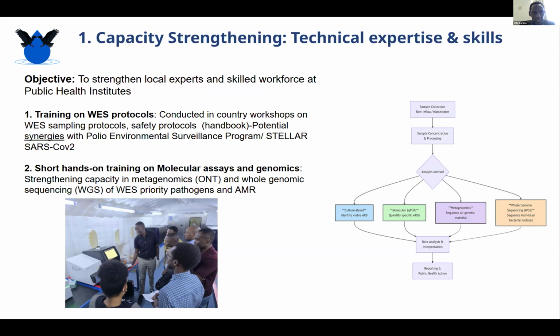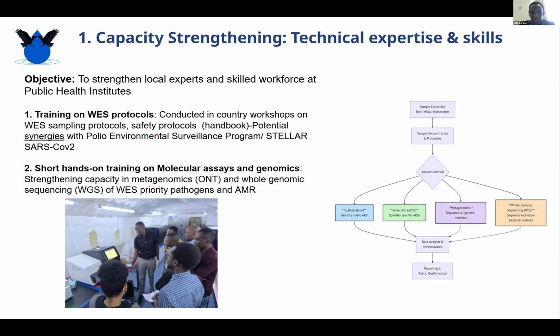So all the way starting from the protocol Taria mentioned about, the handbook. We conducted training across all the countries when we were starting up, to be able to develop this competence to implement the handbook.